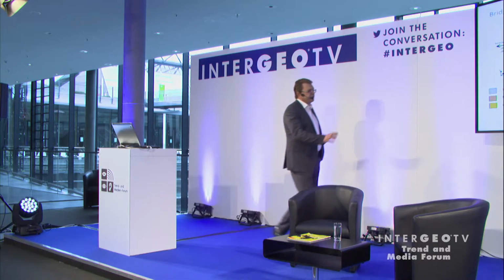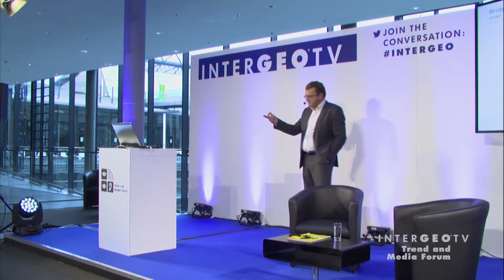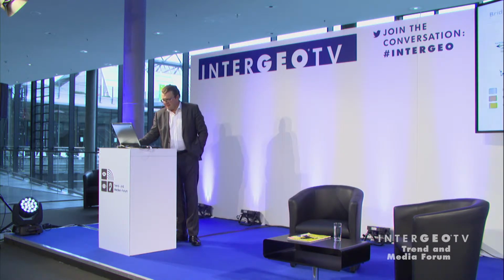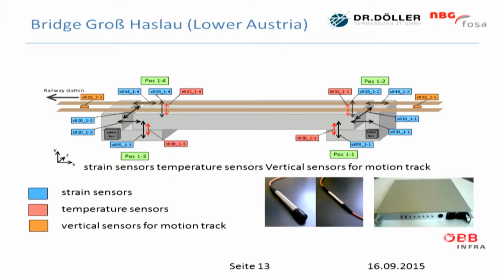Sorry for that, there is some installation here that goes automatically and I can't stop it, but I try my best. There is an installation with 18 sensors on this bridge in all directions, also of course with temperature sensors, and with 2 additional vertical sensors to monitor the tracks of trains.